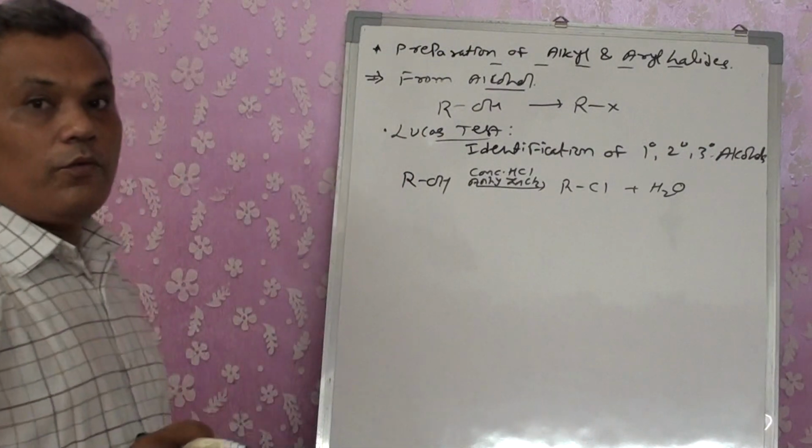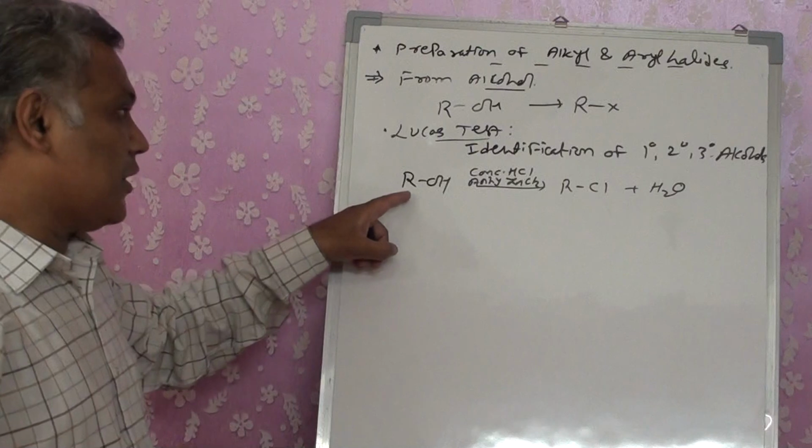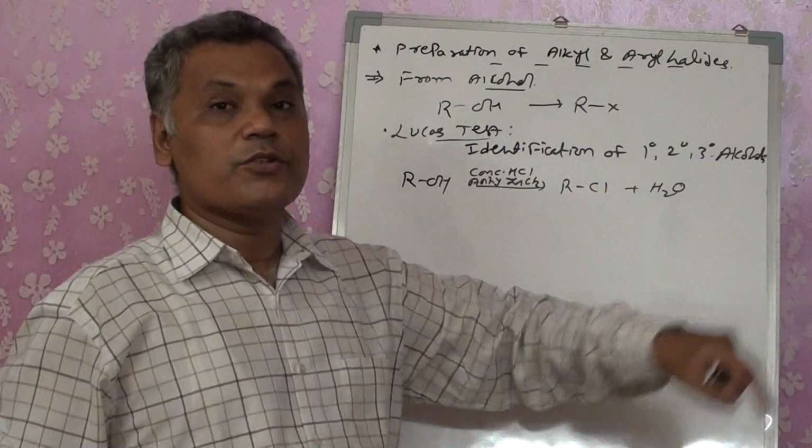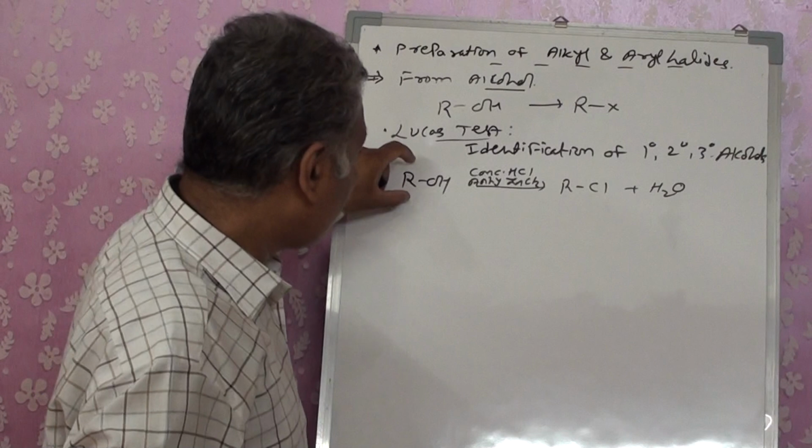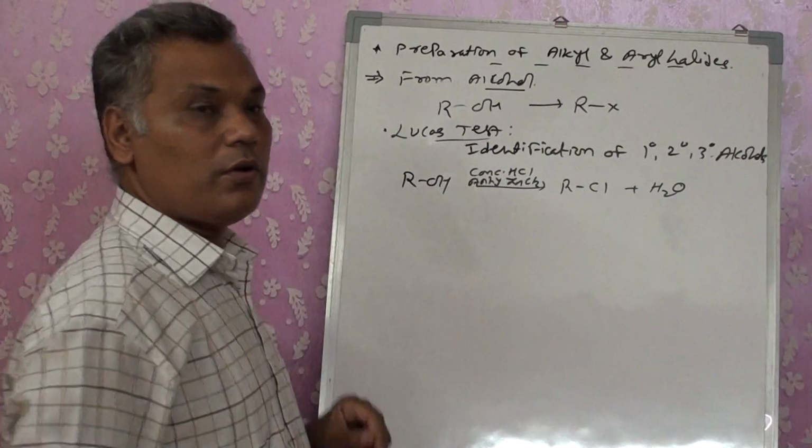Now, what is the specification of it? We wrote that it can be used for identification of primary, secondary and tertiary alcohol. It indicates what kind of alcohol this is.